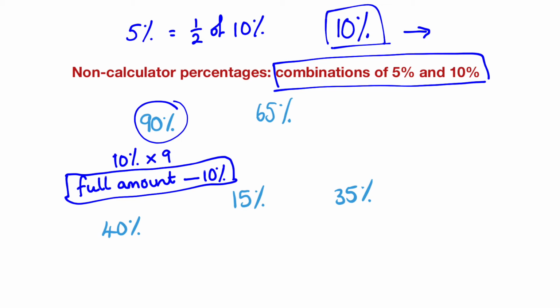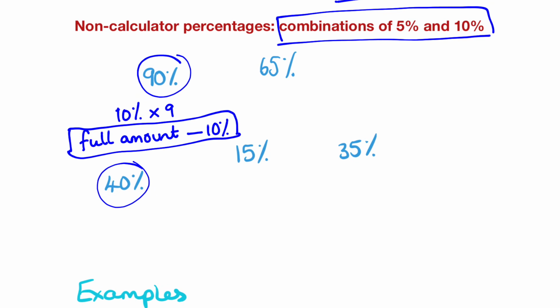40%, let's think about that. All to do with 10%, remember? So if we can find 10%, we could just times it by 4, couldn't we? And that would give us 40%. Now, what about 15%? How could we use 10% to find 15%?